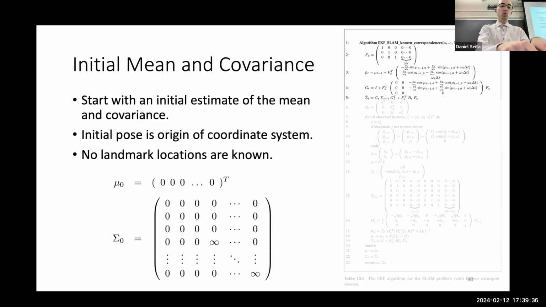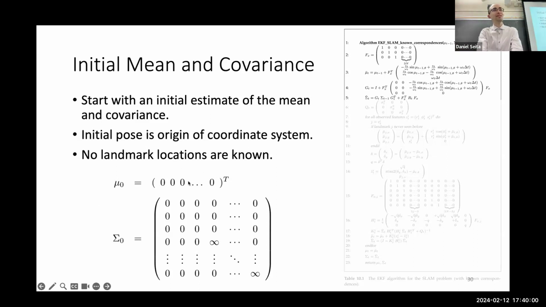Remember that mu and sigma now contain both the robot pose and the map information. Before, if we were just doing localization, you didn't need the map there because you were given it. But now we have to include it here.